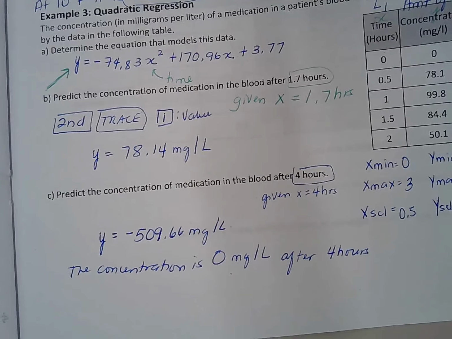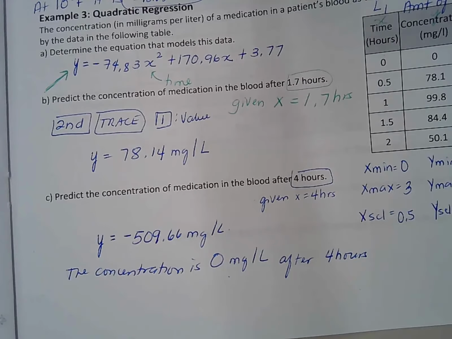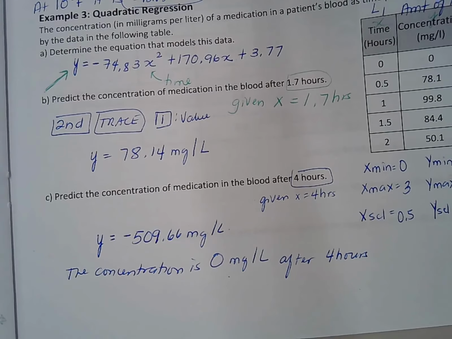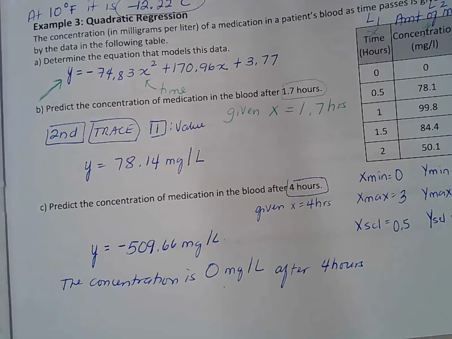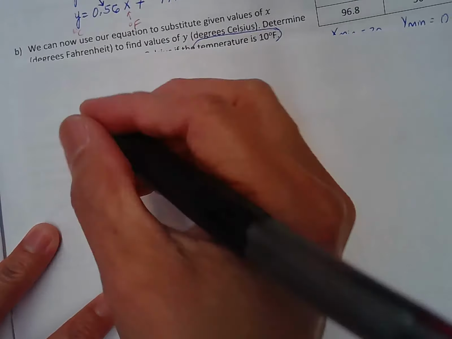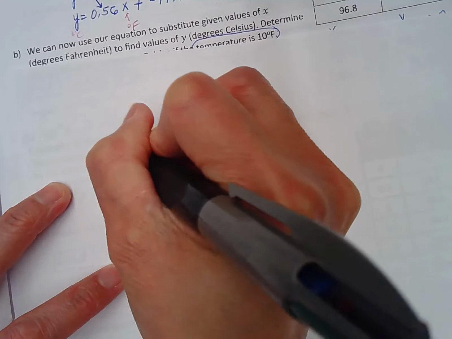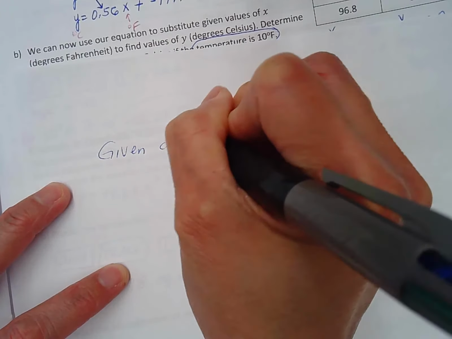So what have we done so far? We took our time. This is the only thing that we did. I'll write it down. In this particular topic, you're given data.